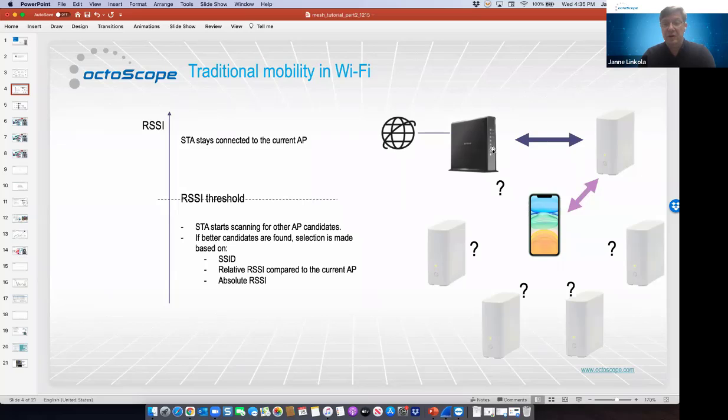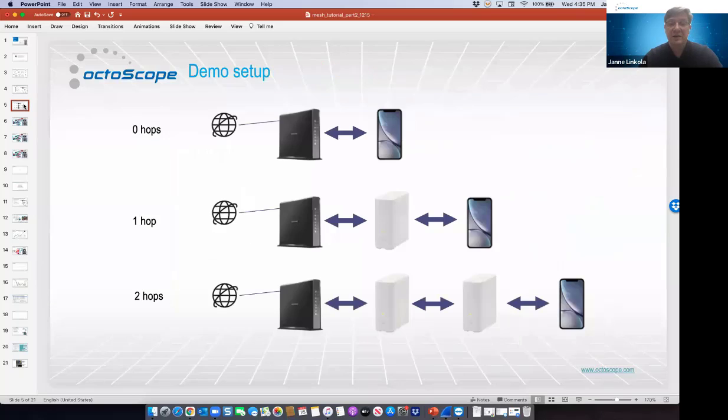We need to involve more complicated decision making, and there is this activity that we call steering, where the network itself can impact the roaming decisions because of the such a big difference that the number of hops between you and the internet causes. Now, how big these impacts are exactly is what our first demo is going to be about.